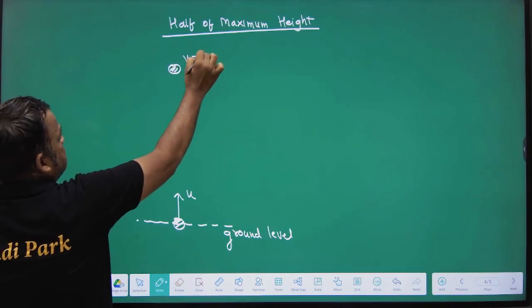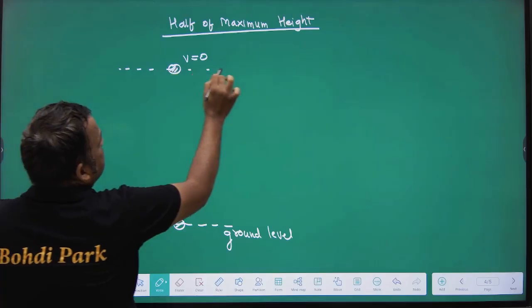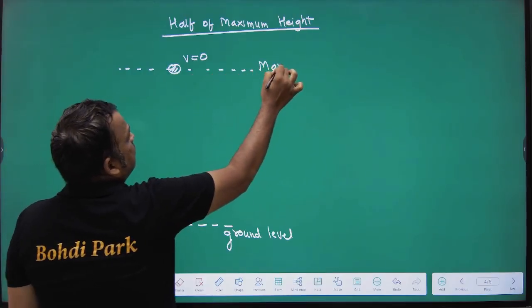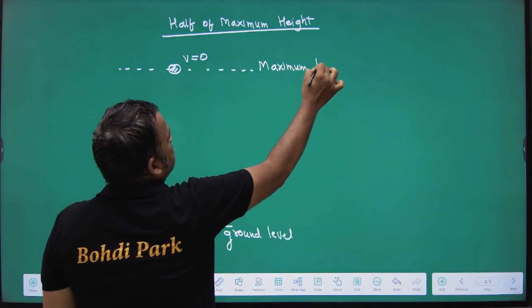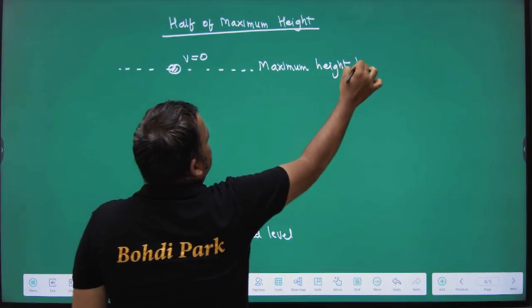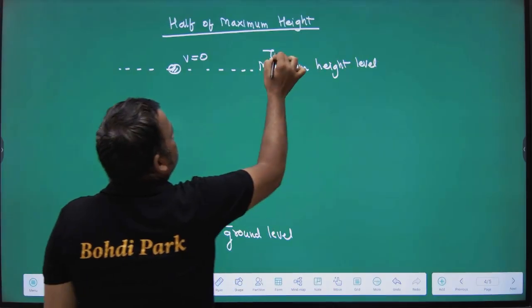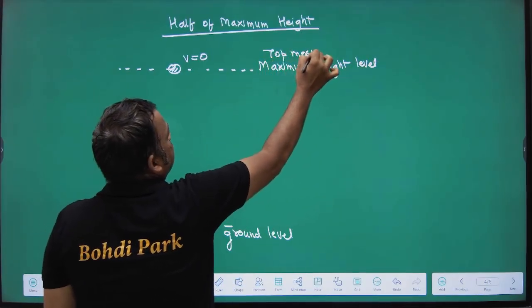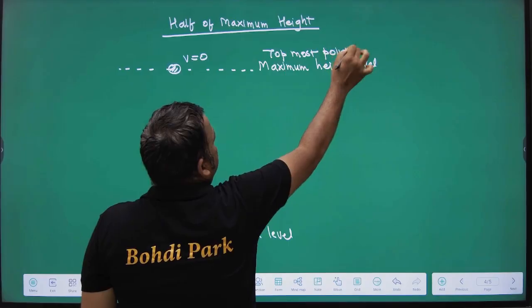So here velocity will be 0. So this is known as maximum height. Maximum height level. We can also call it topmost point.